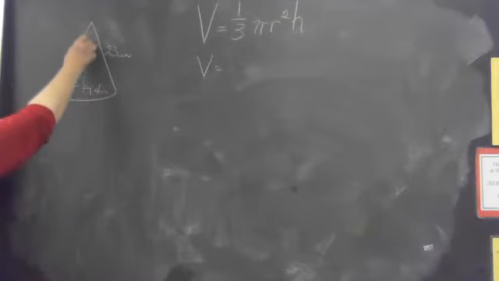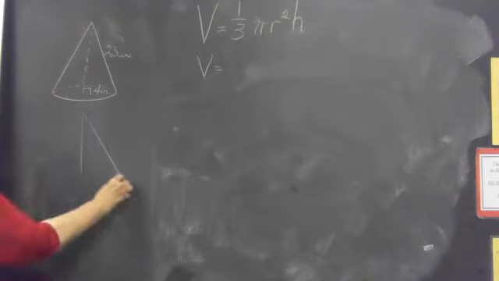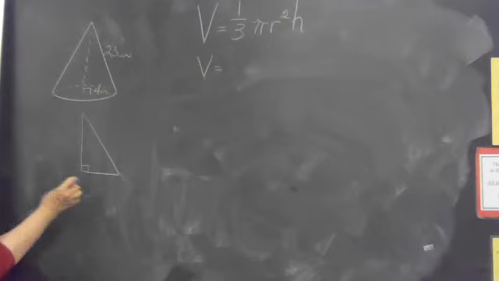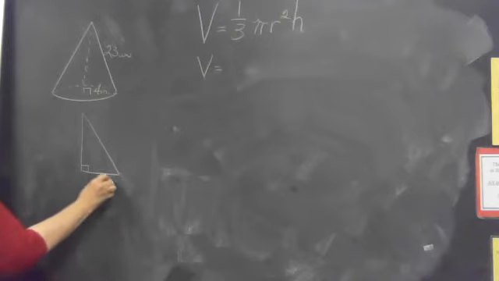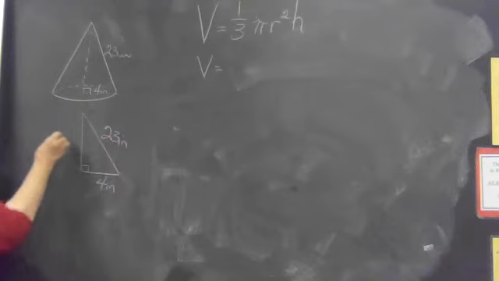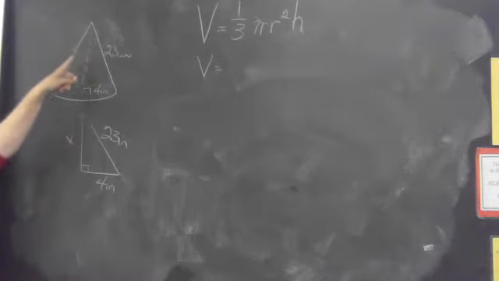Okay? So we come down, see your right triangle right here? There's your right triangle. So let's draw a right triangle and label what we do know. And we have to know X because that is the height.